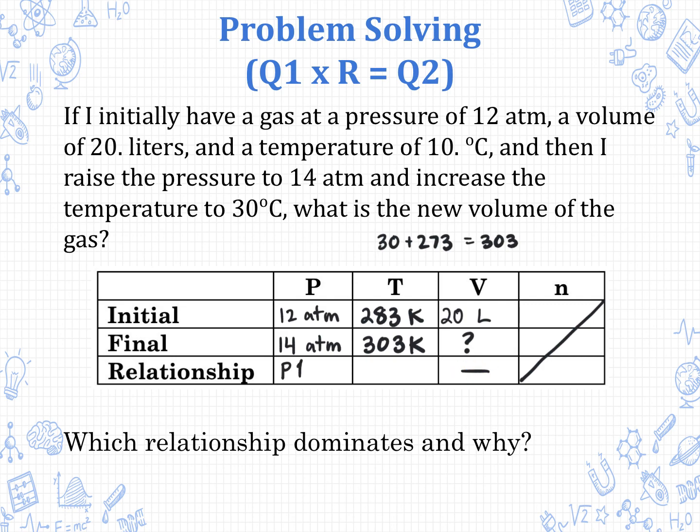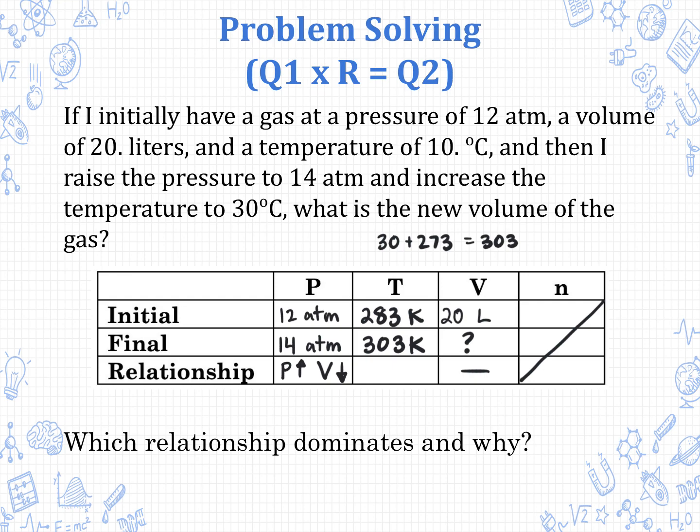Pressure got bigger. It went from 12 up to 14. And I want to think about what relationship that has with volume. If pressure gets bigger, there's more collisions. That would happen if volume got smaller.